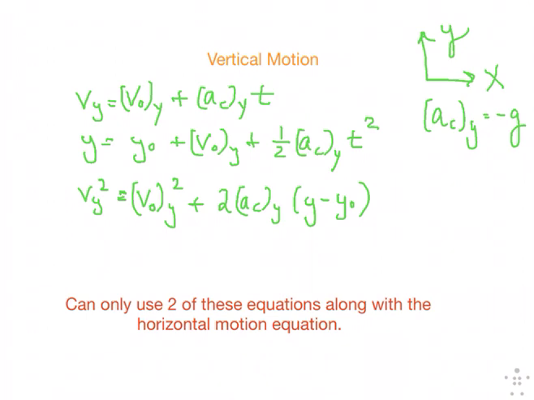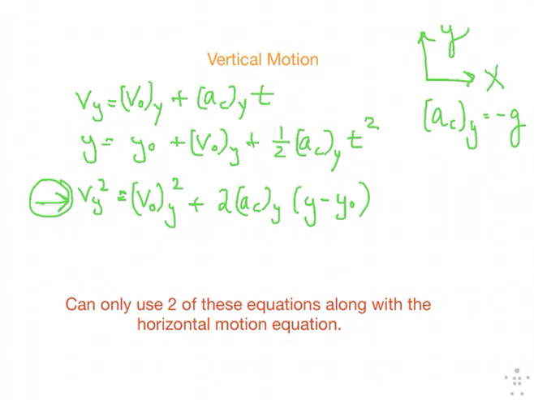The other part that is very, very important is what I wrote down here at the bottom. You can only use 2 of these equations along with the horizontal motion equation. And if you think about that, it makes sense because how did we figure out this last equation? We derived this one from the other 2.